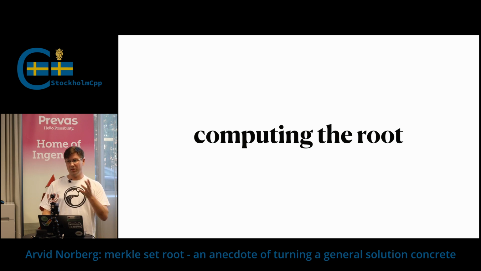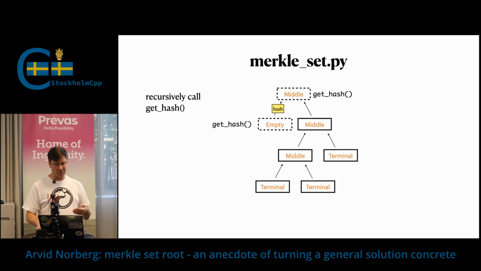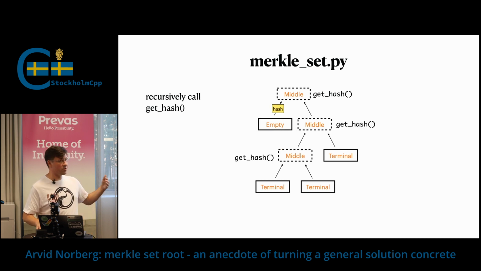So one of the operations we want to do on this is to compute the root. And as you can imagine, when we have this tree structure, it's pretty straightforward. It's just a recursive function calling get hash on its leaves. So we call get hash, we get hash back. Call get hash, it has to recurse down. Call get hash, recurse down.